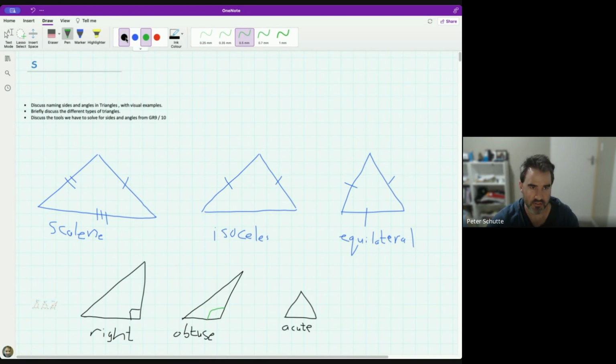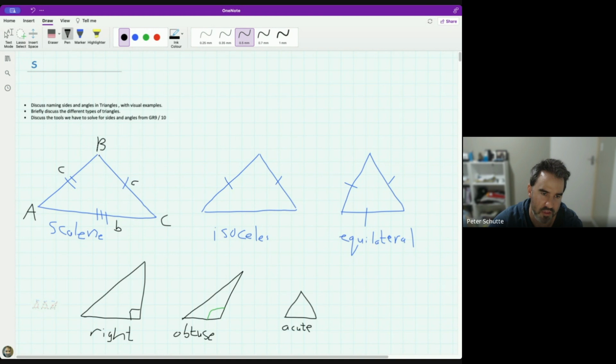Now, something else that's important is in triangles, when we name them, we give the vertices the capital letters, and we give the sides opposite the corners or the vertices the smaller letter names. So we would call this length over here C, or we could call it AB, but it's quicker to call it little c.